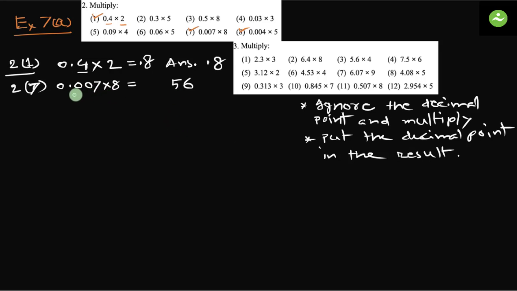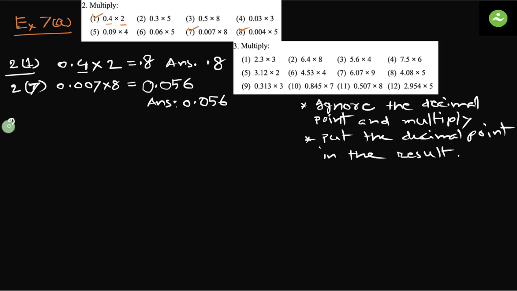Take a look at how many digits come after the decimal point: 1, 2, 3. There are 3 digits. So we have to put the decimal point before 3 digits. But here we can see only 2 digits. What are we going to do? We put a 0 here and then we put the decimal point. And before the decimal point we can always put a 0. That doesn't have any value. So the answer should be 0.056.